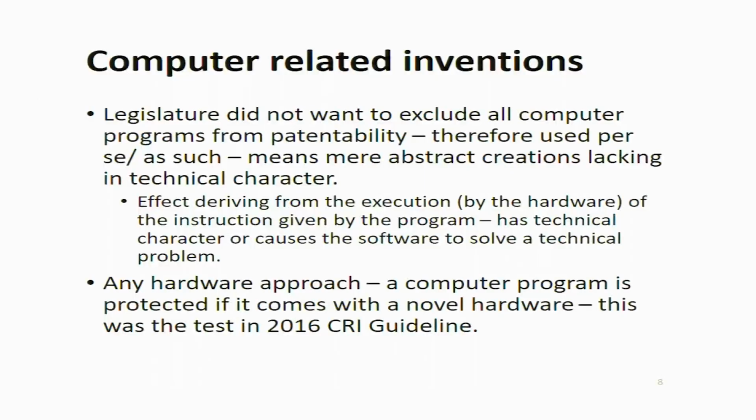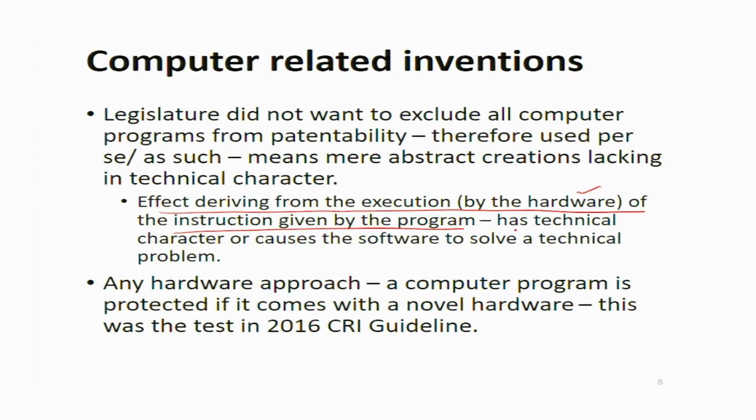You see, while examining the technical effect, what do we actually see? We see the effect deriving from the execution of the instruction given by the program. So, the program gives an instruction to the hardware, and what is the effect of the execution of that instruction?